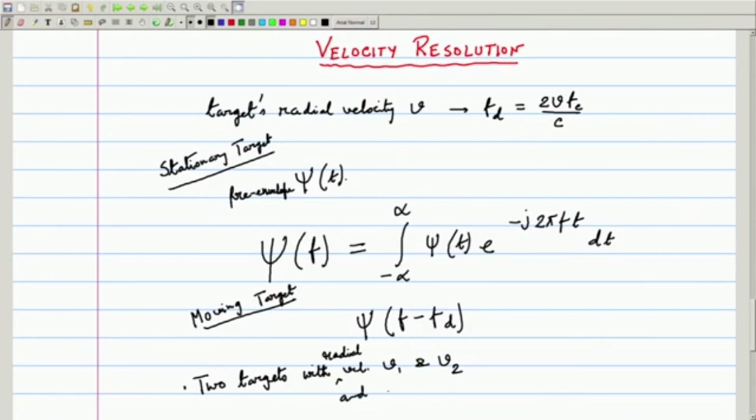They are at the same range, because when I am studying the velocity thing, I should make the range equal, otherwise that will complicate things. Later we will remove that restriction.